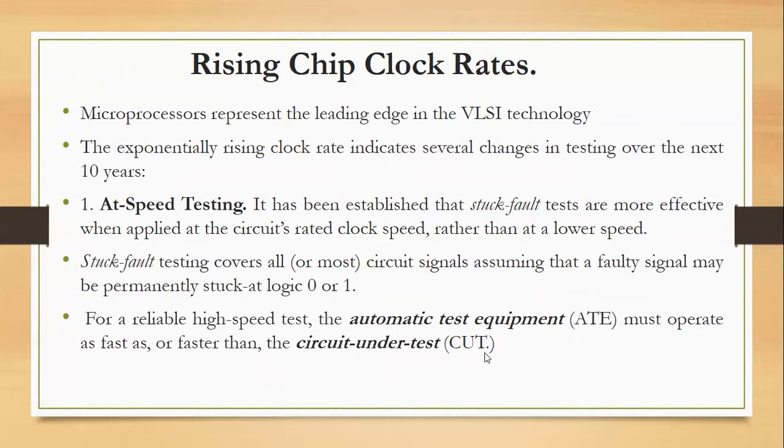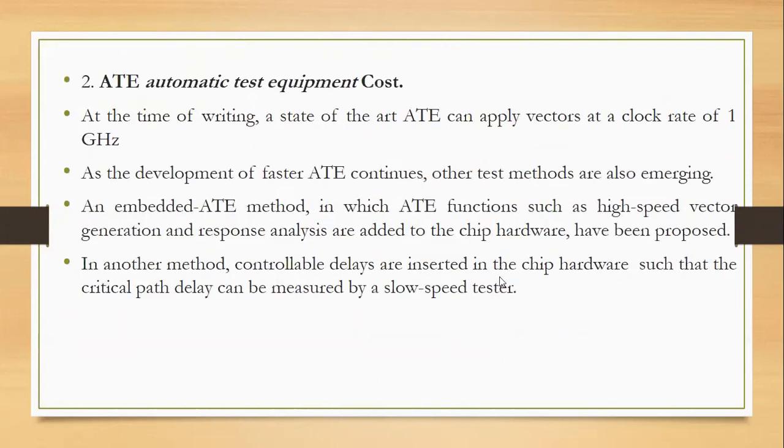It depends upon the test vectors: how many patterns, how many bits it is going to transfer, and what type of signal it is going to define. All this comes under the circuit under test, which is under hardware operation. Even though automatic test equipment also depends upon hardware operation, it is defined for a high speed frequency operational level.